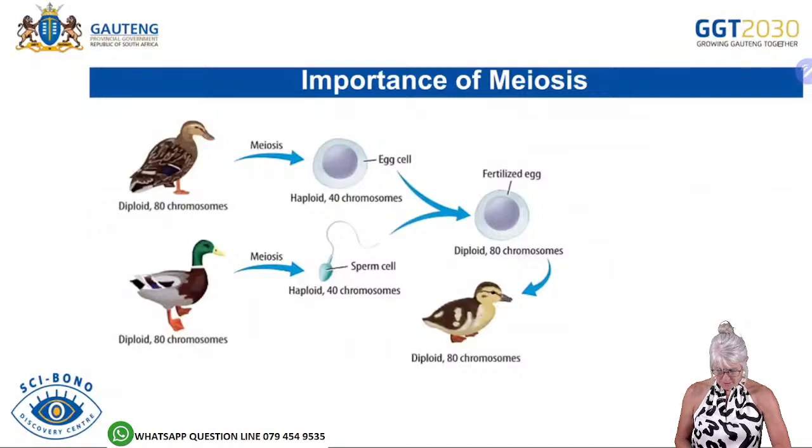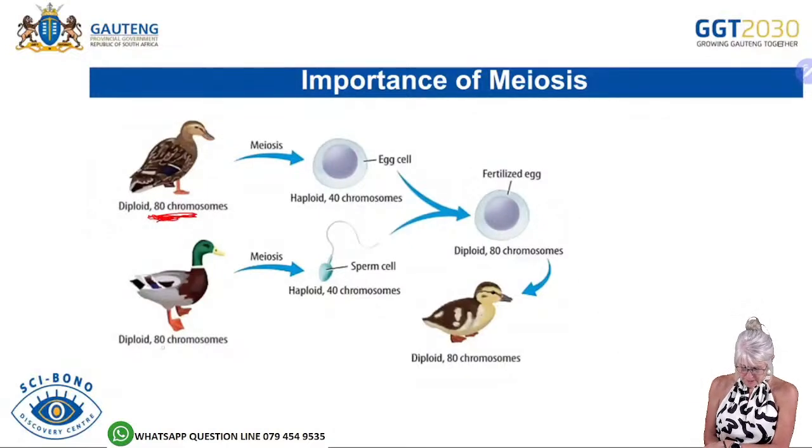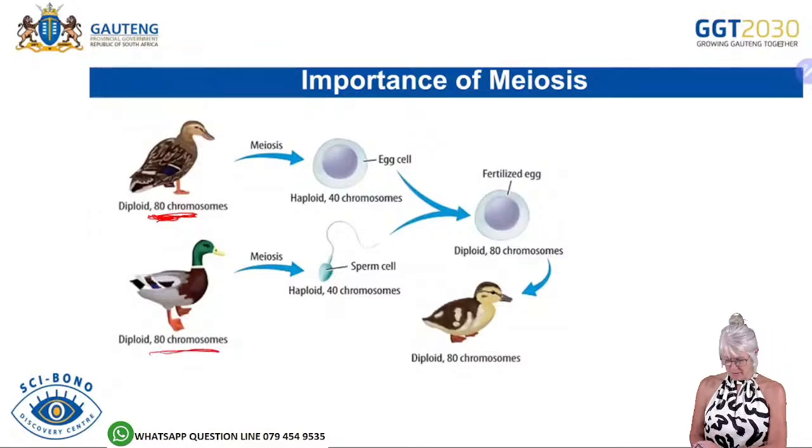So if we have a look here, we can see some of the importances. The first thing is reproduction. In these 2 ducks, the male and the female, we see that they have 80 chromosomes. If I put 80 and 80 together, I'm going to get 160.